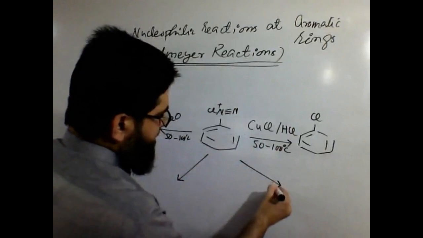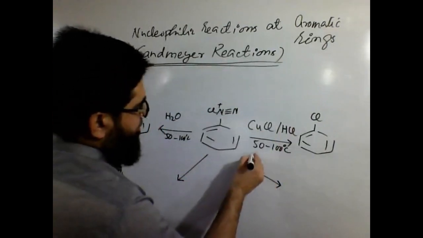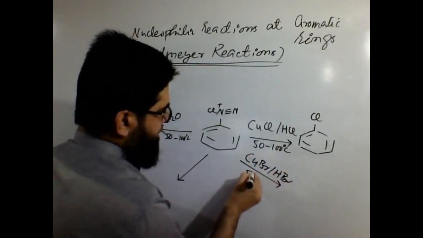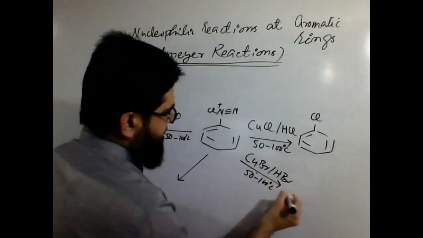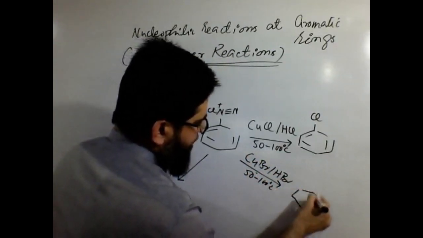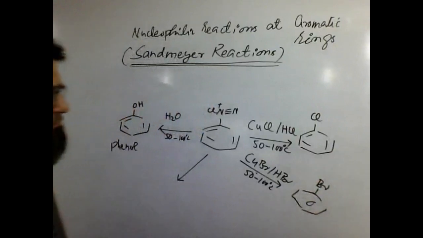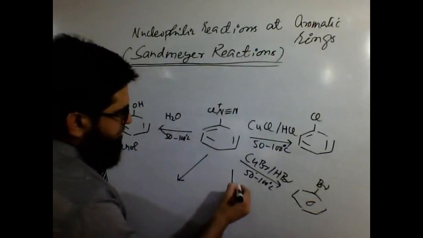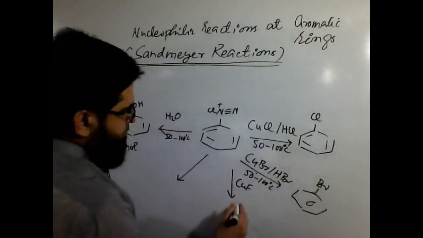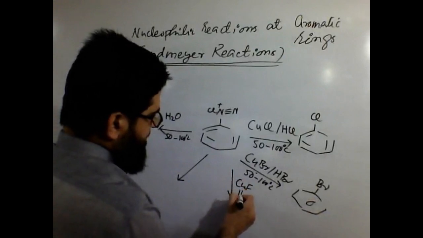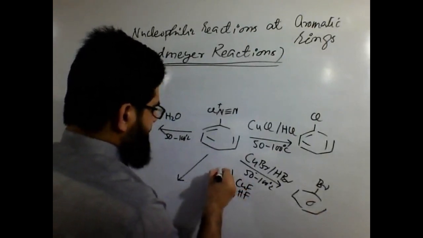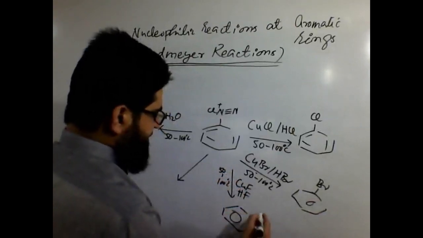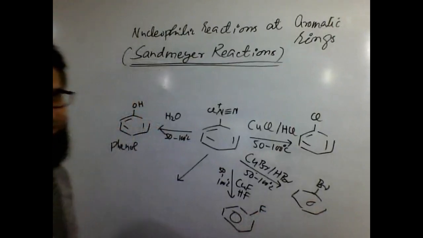Similarly, one can put in cuprous bromide using HBr under the same reaction condition, 100 degrees. So we receive bromobenzene. Similarly, people could use CuF, HF, 50 to 100 degrees C, and we will receive the fluorobenzene.